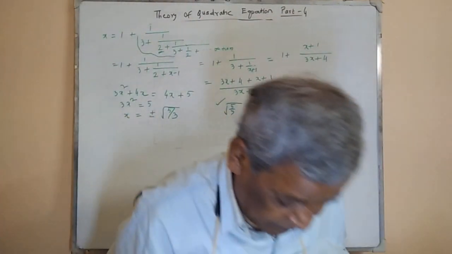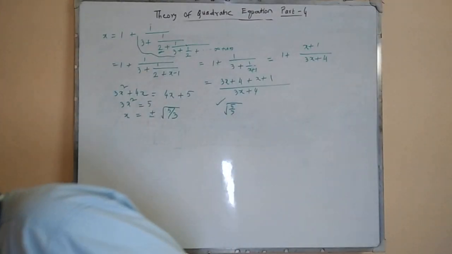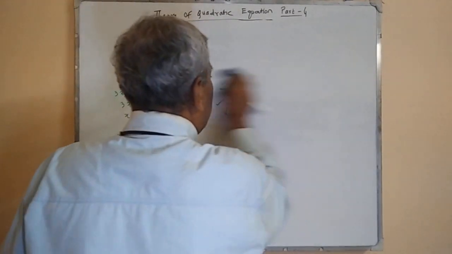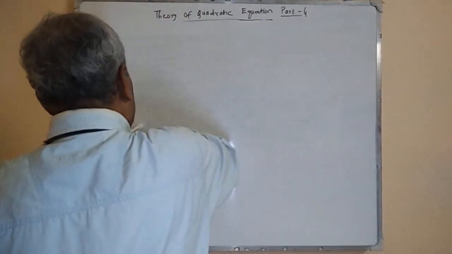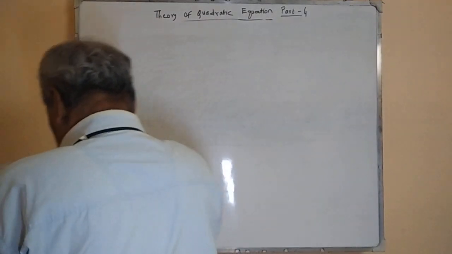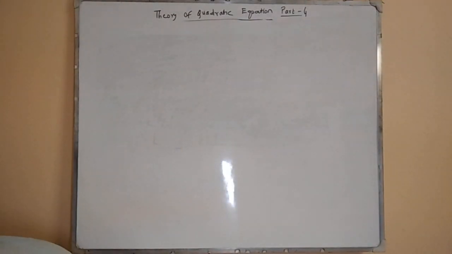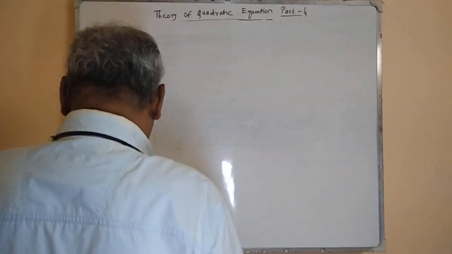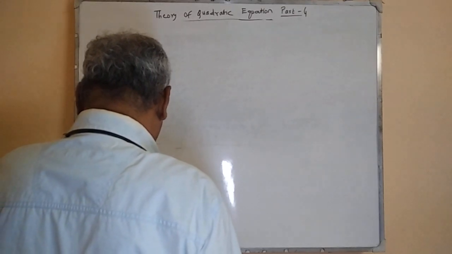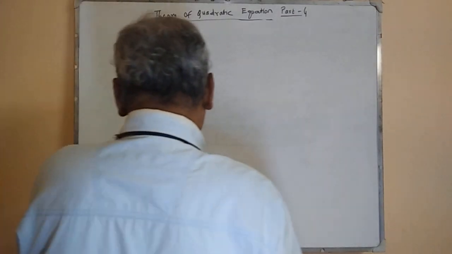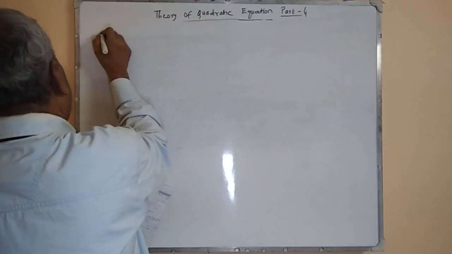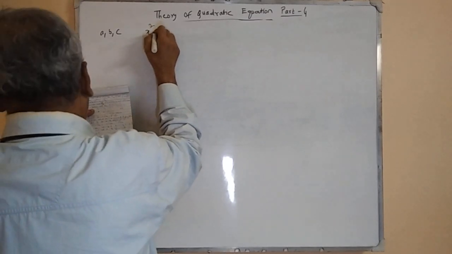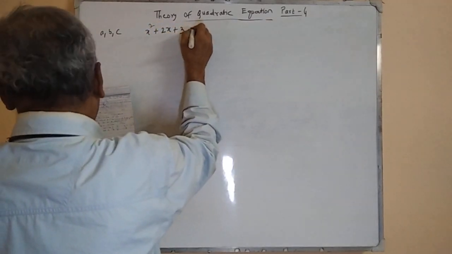Okay, next problem. A, B, C are real such that x square plus 2x plus 3 is equal to 0.